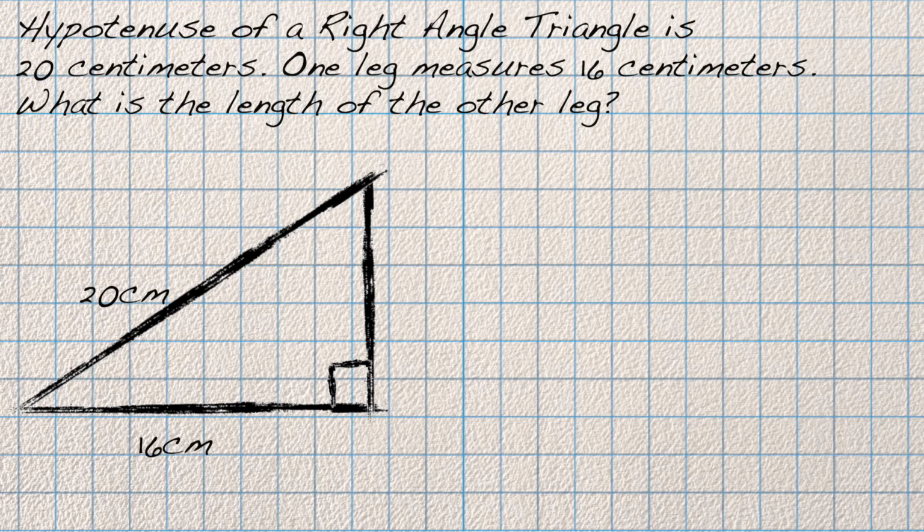Find the length of the other leg. Here's our right angle triangle. We know that the hypotenuse is 20 centimeters, and one leg is 16 centimeters. So how can we find the other leg? Let's start by drawing our squares and finding their areas.